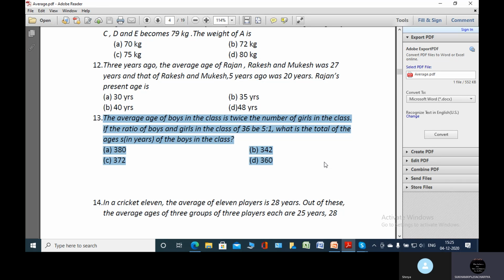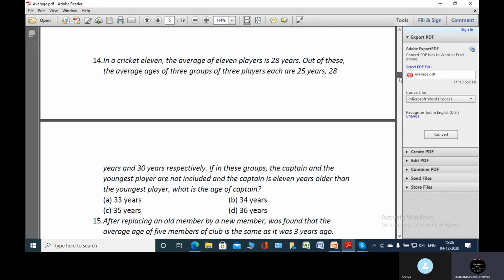A 380, B 342, C 372, D 360. So let us check the solution.